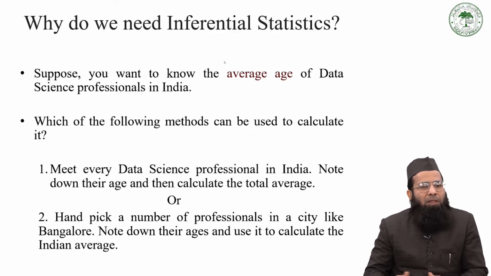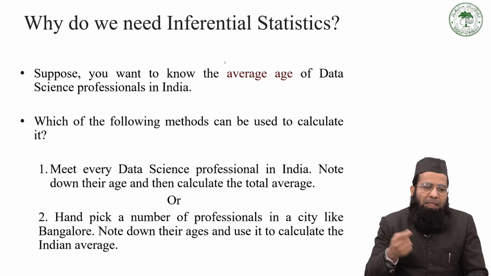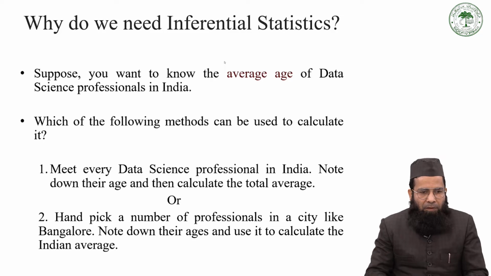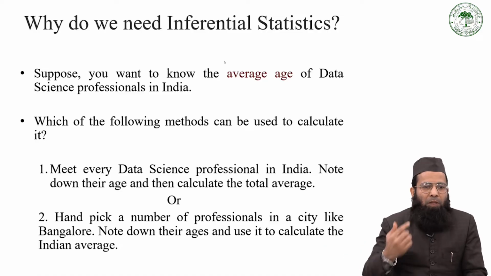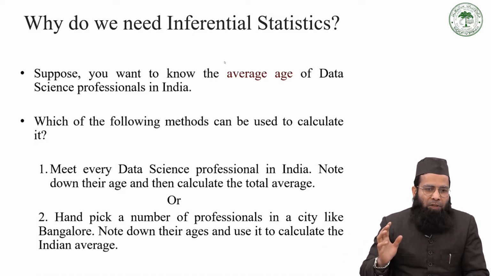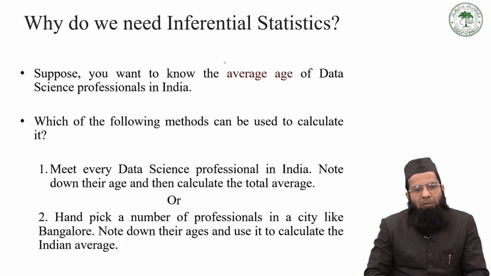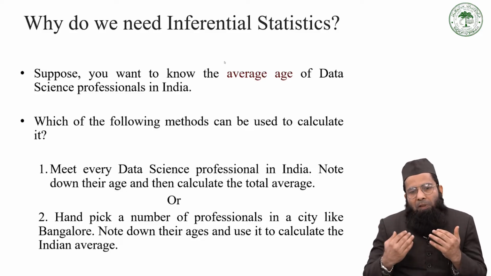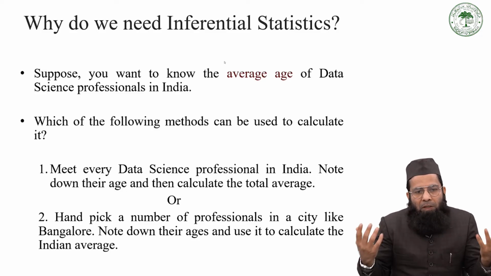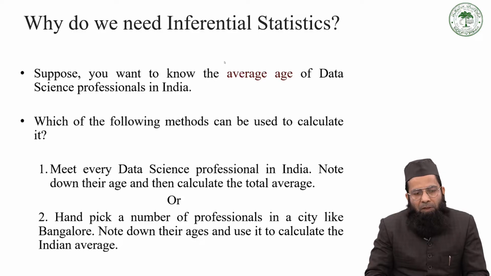The very first one is to meet every data science professional in India, note down their age, and then calculate the total average. Let's say there are 10,000 professionals across India.